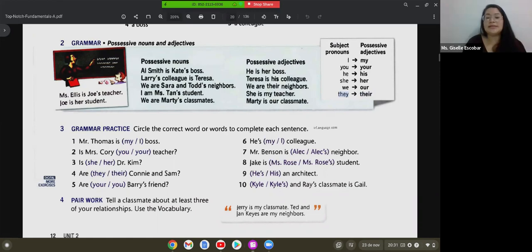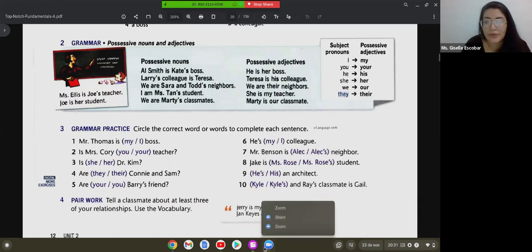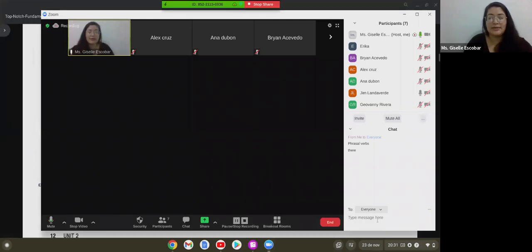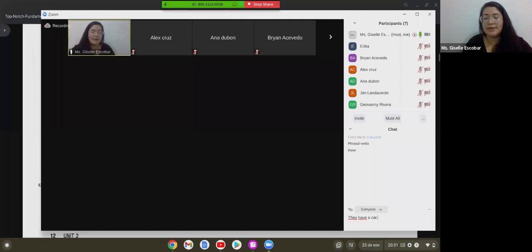Veamos. Let's create a sentence. Formemos una oración. Yo puedo decir, let me write that for you. Lo voy a hacer en el chat. They have a car. Their car is black.